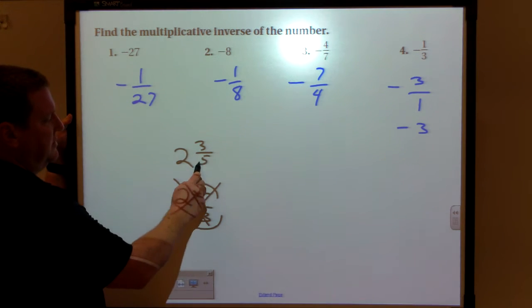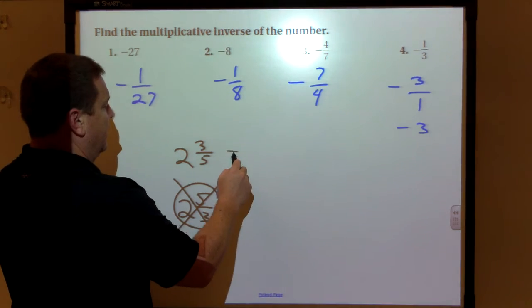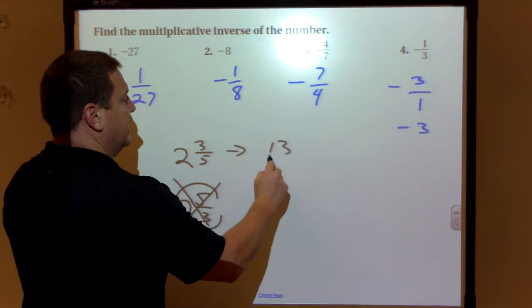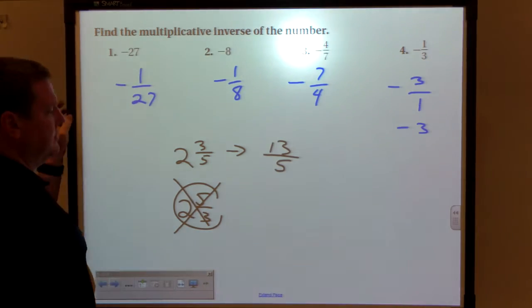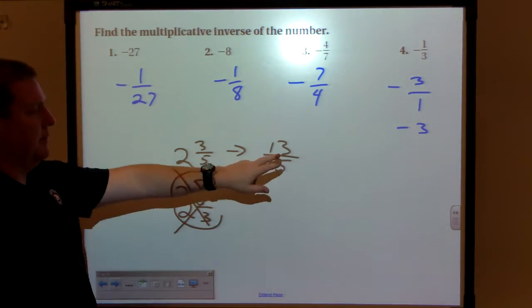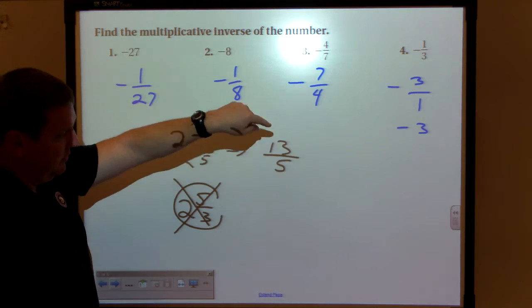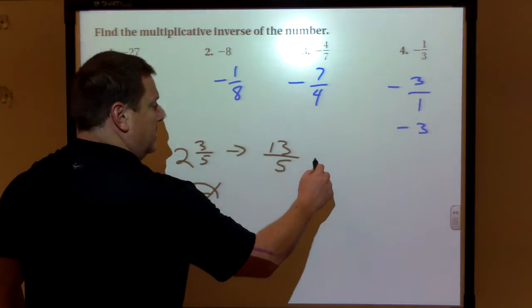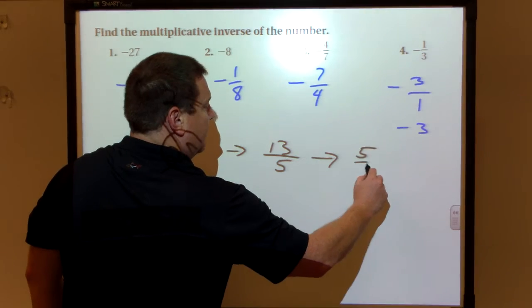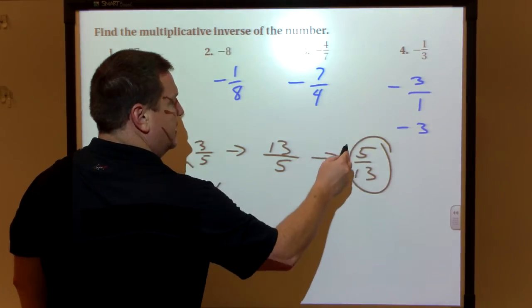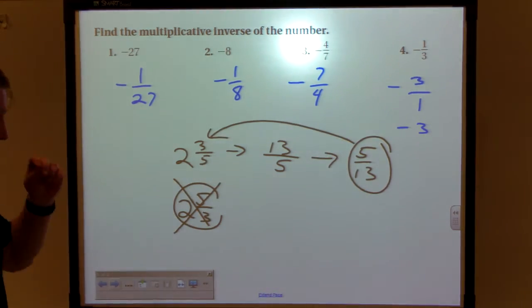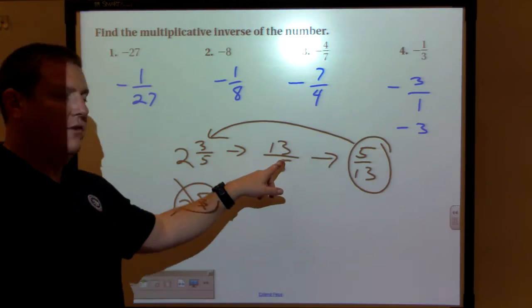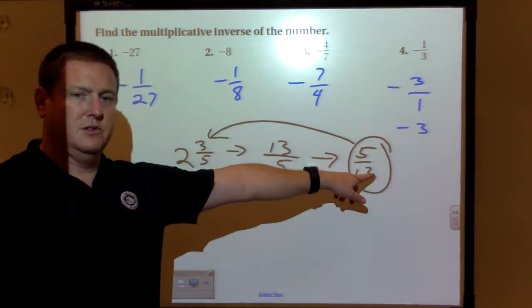So 2 times 5 gives us 10, we add the 3, and that gives us 13 fifths. So 2 and 3/5 as an improper fraction is 13/5, and the reciprocal of that, which is 5/13, is actually the reciprocal of 2 and 3/5. You have to convert it to a fraction before you can take the reciprocal of the number.